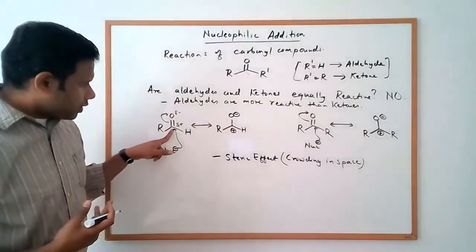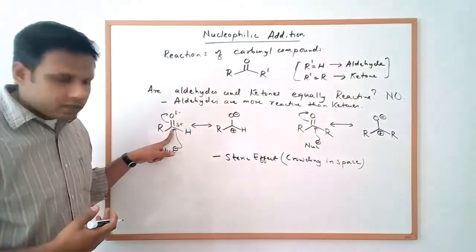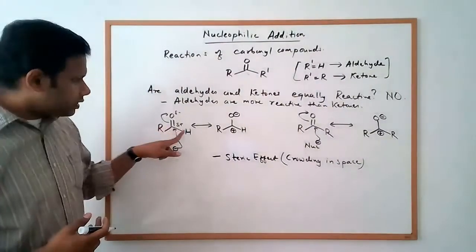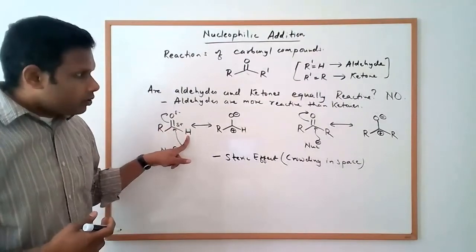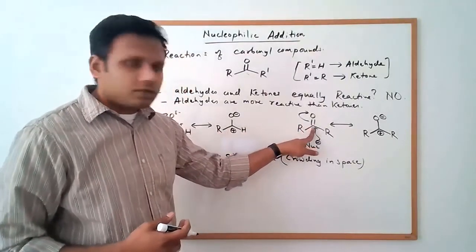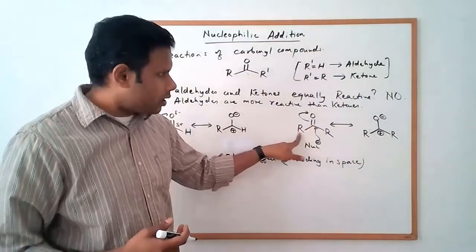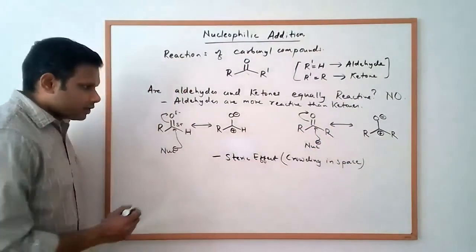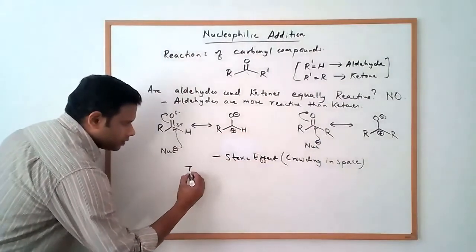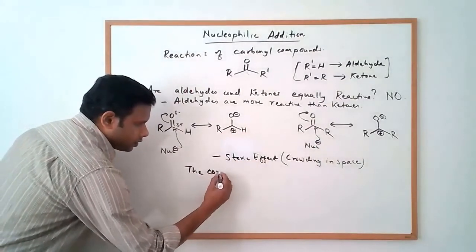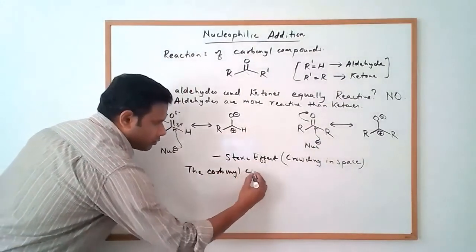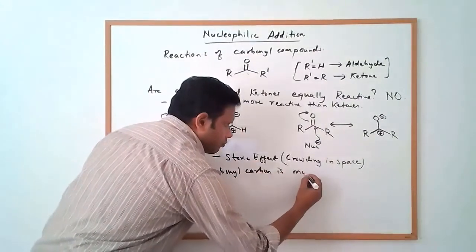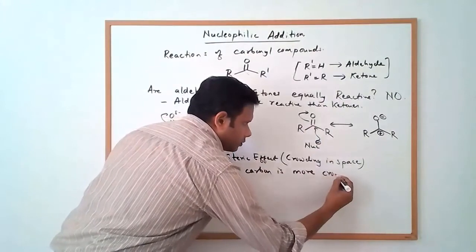And so if you look at the carbonyl carbon in case of an aldehyde, it has an R group on one side and a hydrogen on the other side. Whereas the carbonyl carbon in case of a ketone has an R group on both sides. So based on steric effects, okay, the carbonyl carbon is more crowded.